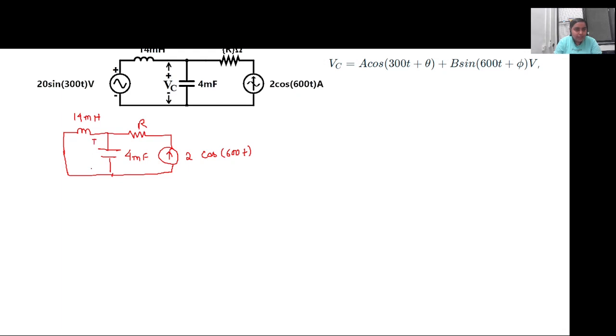To calculate this Vc, you do not need the value of R, because you can easily apply the current divider rule to the total current and calculate the current flowing through this branch and this branch. So you don't really need the value of R and you can still get to Vc. Let's name this as Vc2. So what will it be equal to?